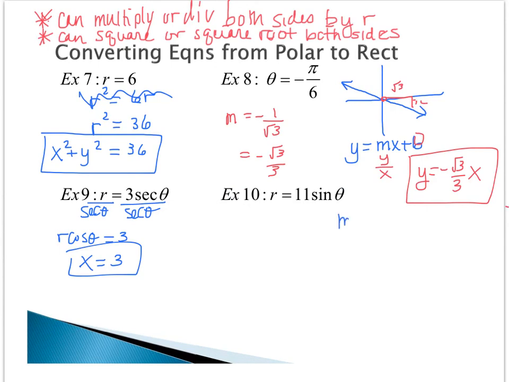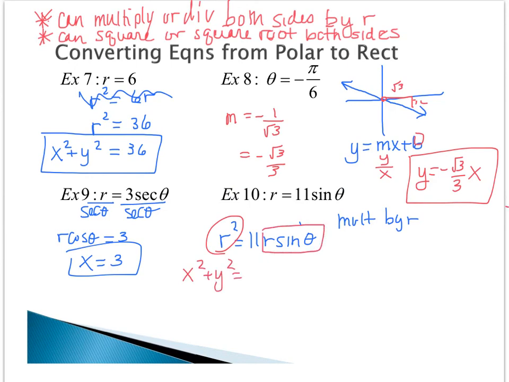However, if I multiply both sides by r, that then gives me r squared equals 11 r sine theta. And now I can do two replacements. On the left, I can replace with x squared plus y squared, and on the right, I can replace with a y. And I now have my equation that is in rectangular form.